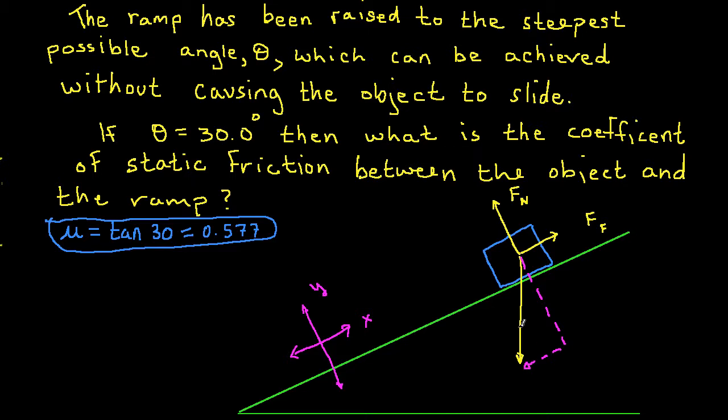Okay, so if this is Fg, this could be called Fgx, and this would be called Fgy. And you see how these two forces added tip to tail add up to this force right here. So these are the components that make up this force. Okay, so just to label that right here, this is the force of gravity.